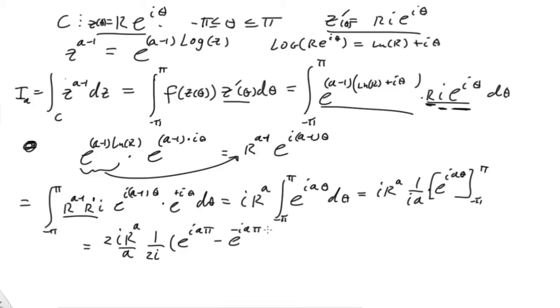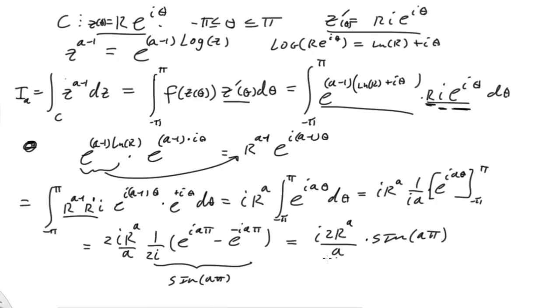Of course, this part looks like sine. Well, it is sine of a pi. Okay, so we can write this further as i times 2 r to the a power all over a times sine a pi. Again, now this is the result of this integral.